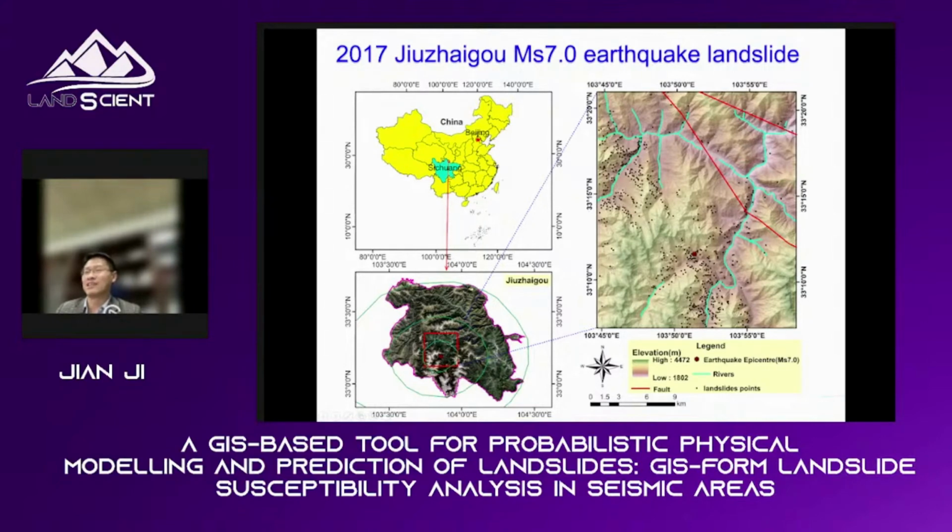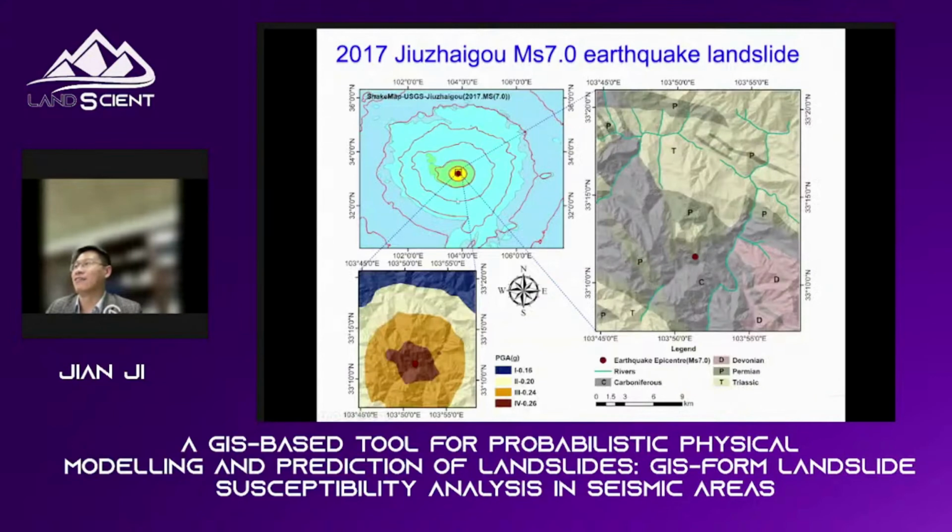And this is a data record, recorded the landslide size in that Jiudaigou area. And here we have some reported data for the hazards, for the earthquake PGA, etc. And also we have the local lithological information.